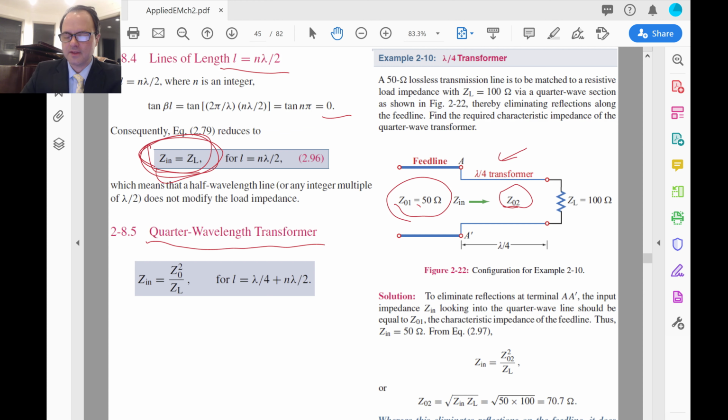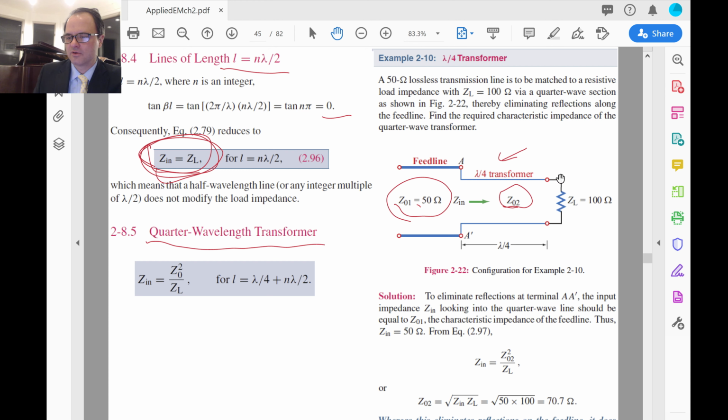So that's very important. And so this input impedance of this portion, the second line and the load, is given by this, where Z0 will be Z02 and over ZL. All right. And so that will be my input impedance right here at this junction A prime. So this example says, okay, we want to have the load, which is 100 ohms, which is not at all matched to the 50 ohms.